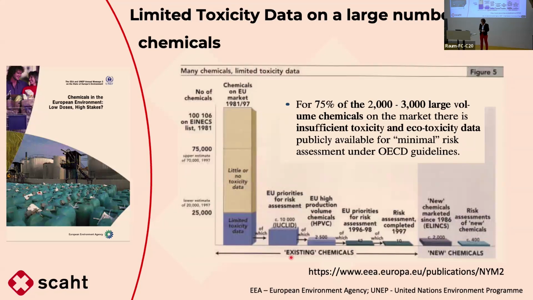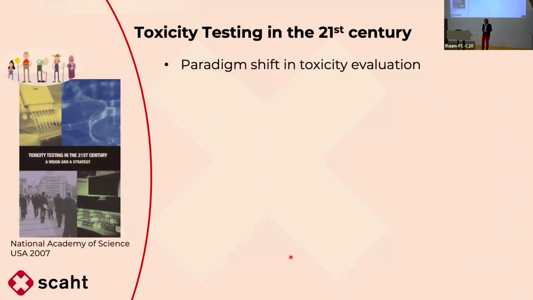And this was one of the reasons why in 2007, the National Research Council of the United States actually suggested a paradigm shift in toxicity testing. You're probably all aware of this.